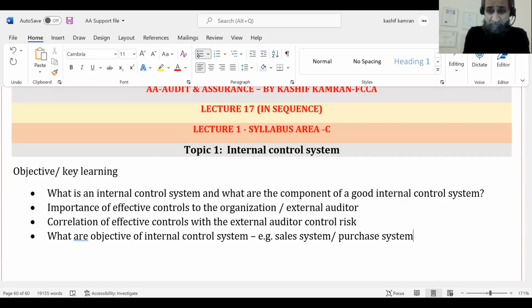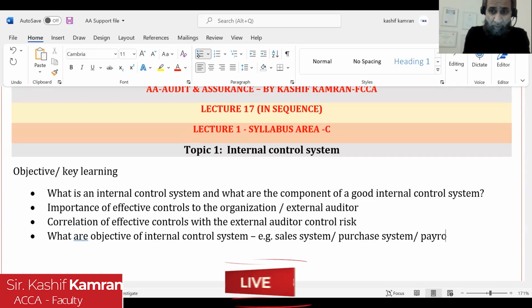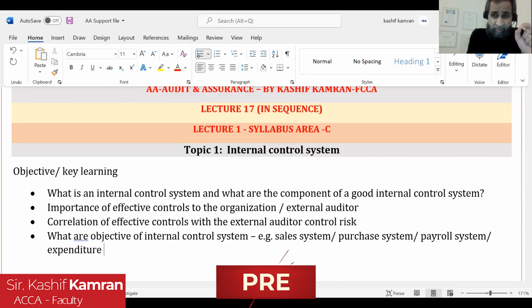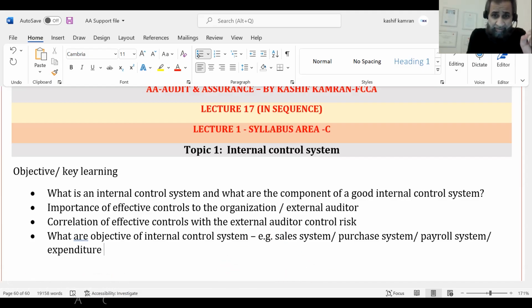Your sales system, your purchase system, your payroll systems, your expenditure systems, because management will have systems in place for every critical area, like payrolls, sales, purchases, and expenditure.